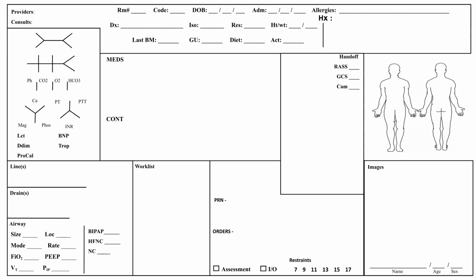The middle, biggest section you got, is for your meds and continuous fluids. At the hospital I first started at, they didn't have a great way to keep track of the meds in the computers. So I'd have to write them all down by hand and then go pull them from the Pyxis. And I needed to keep track of who was getting what and when. So I wrote down all my meds, but over time the computers have gotten a little better.